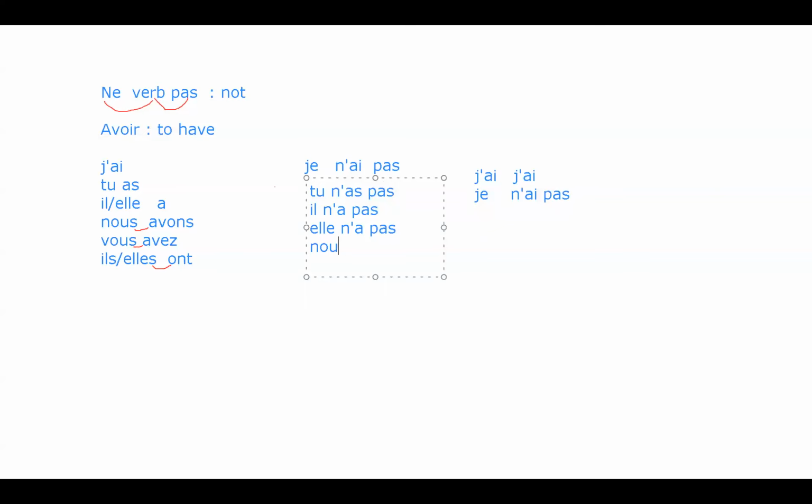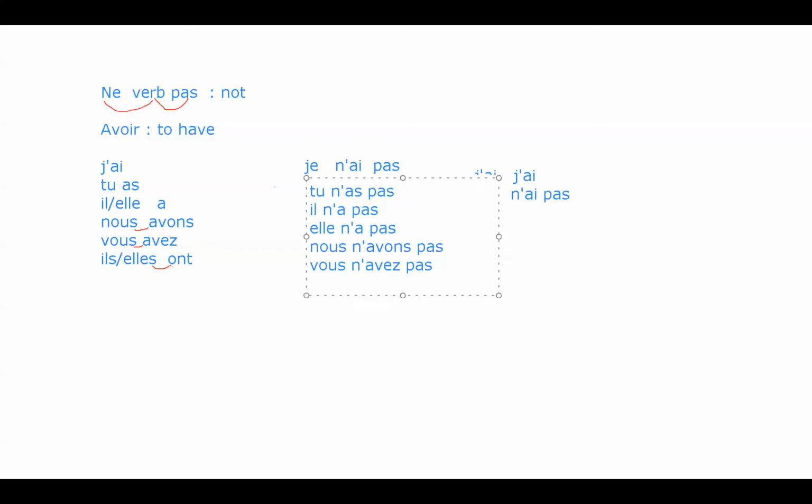Now what comes with nous? You can see in the case of nous also there is avons. So it starts with a vowel, so n and an apostrophe come, and avons. Now pronunciation is nous n'avons pas. Nous n'avons pas means we don't have. Correct. Now in the case of vous, you put n and an apostrophe because it also starts with a vowel, avez. So vous n'avez pas.